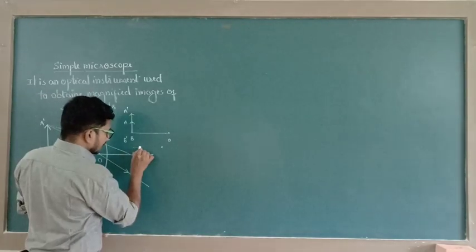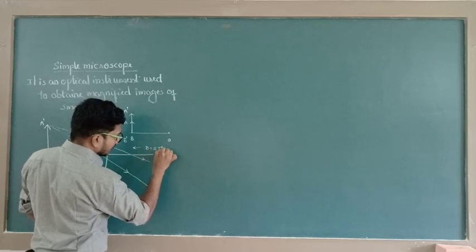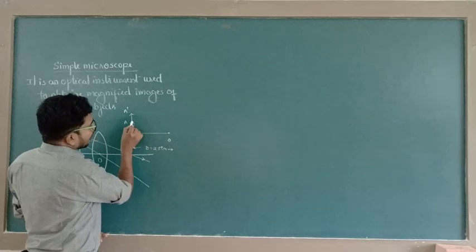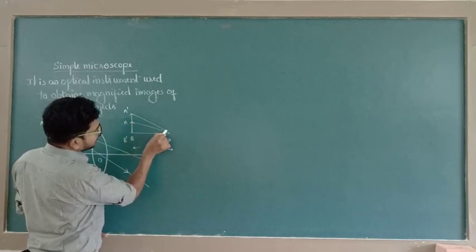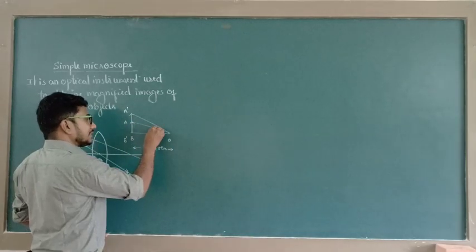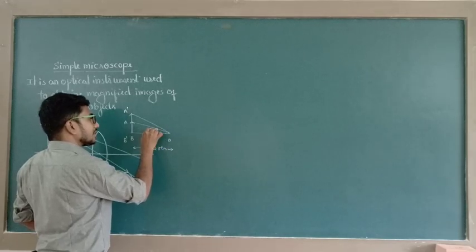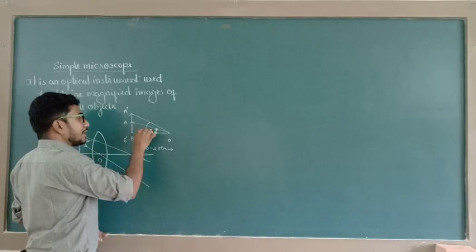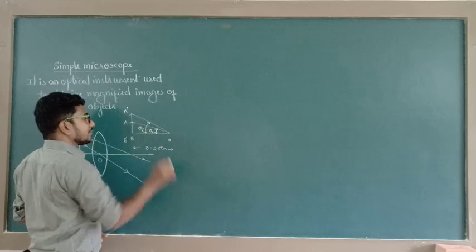This distance is D, that is equal to 25 centimeter. Now the angle made by the object and the angle made by the image. So clearly this angle is the angle made by the object, let us say theta naught. This angle is the angle made by the image, that is theta I.